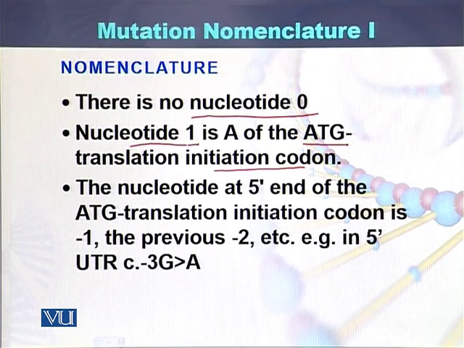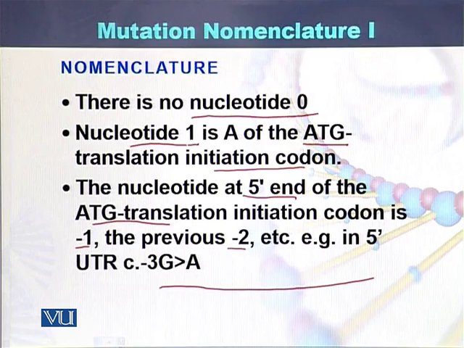The nucleotides at the 5' end of the ATG translation are numbered in the form of -1, -2, -3, -4. If we take the example of a gene, this is the sequence of the gene, and here is ATG.